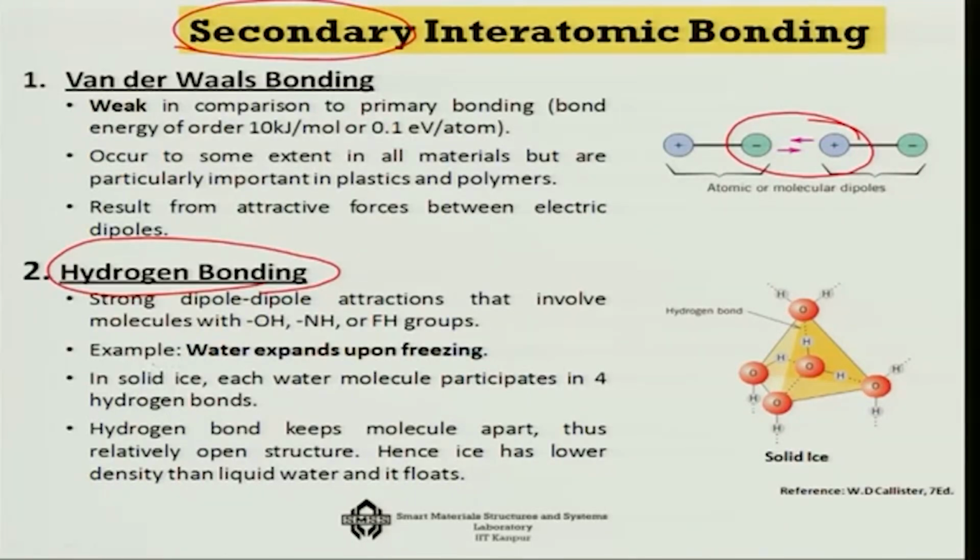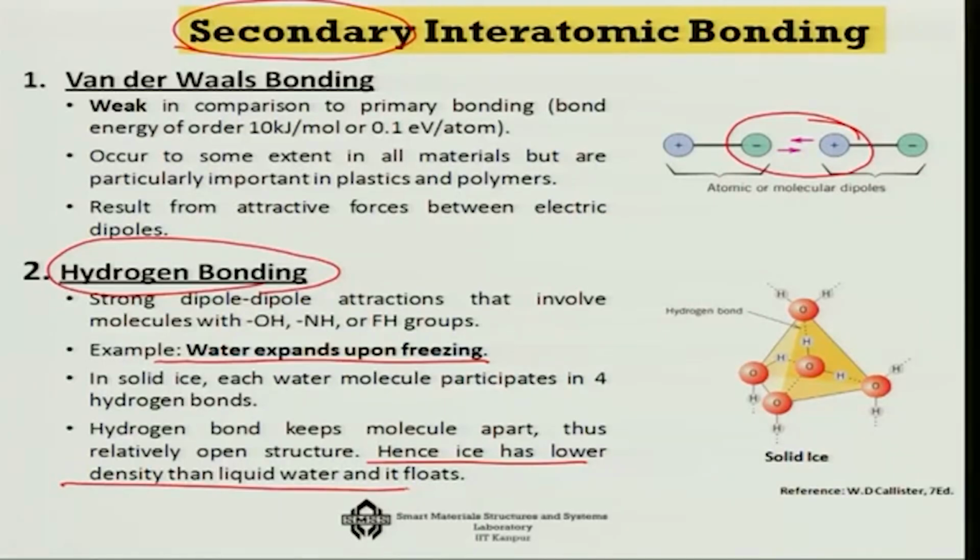This happens in, for example, water, and that is why it expands upon freezing, because this kind of very weak bond is found when the water freezes. In fact, that is why ice has lower density than liquid water, because at that time the hydrogen bonds form, and that gives a very low density to the system.